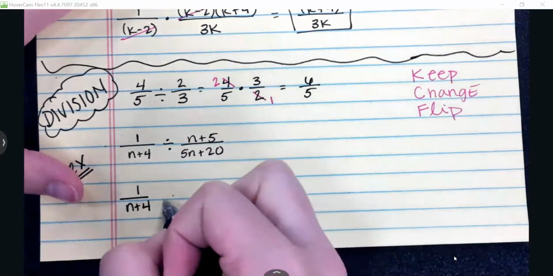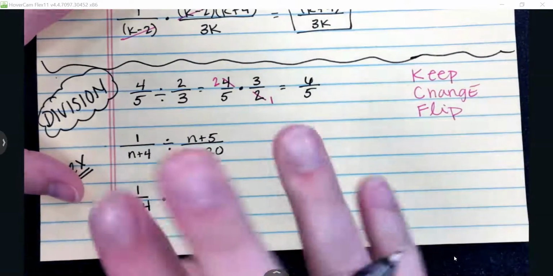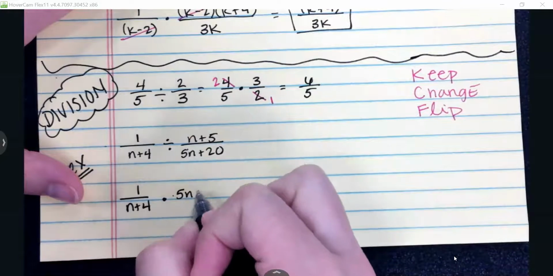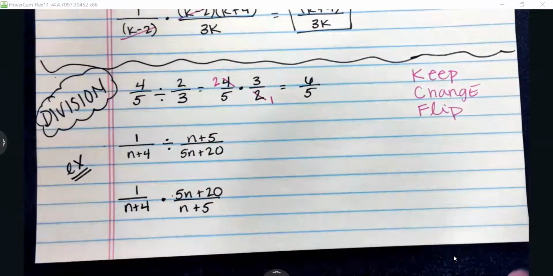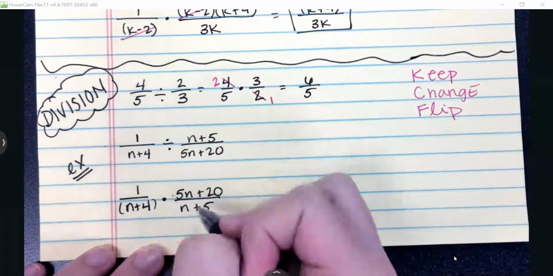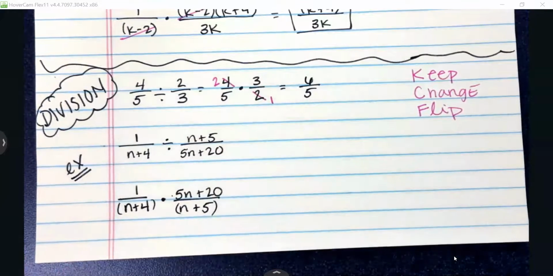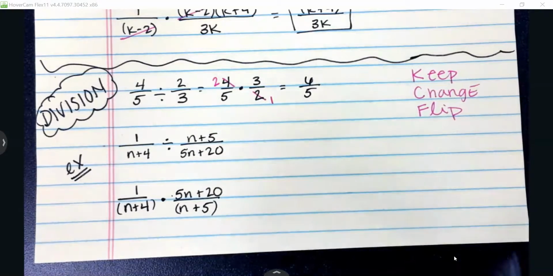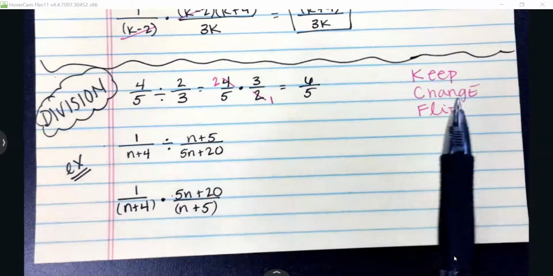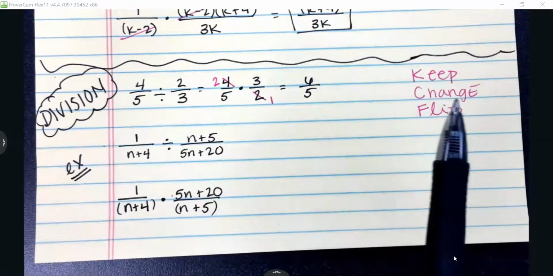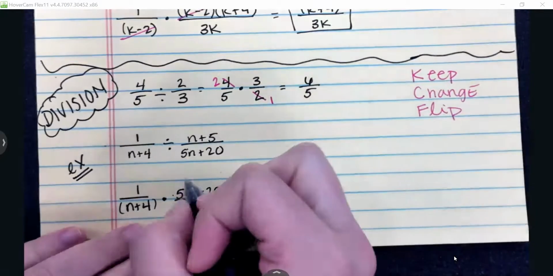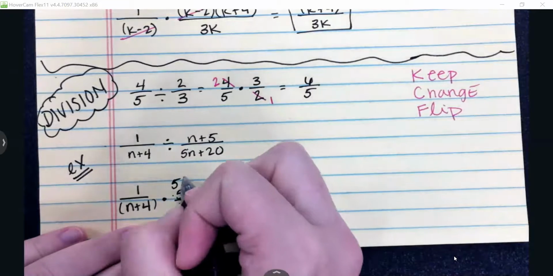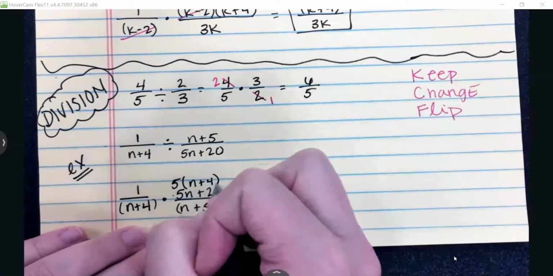Change division to multiplication and flip my second fraction. I like to make sure I have parentheses so I know that it stays together. What can I simplify first in this problem? There's a GCF. 5n plus 20 has a GCF of 5, which would give me n plus 4.